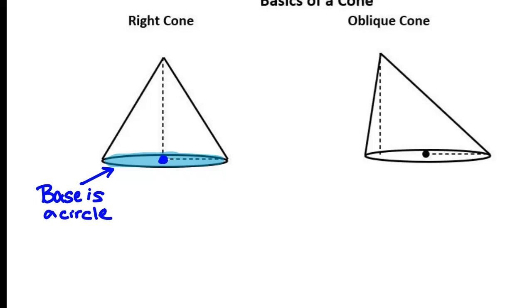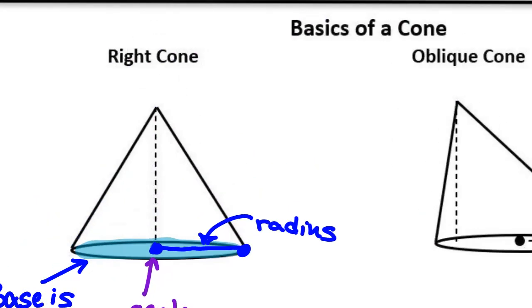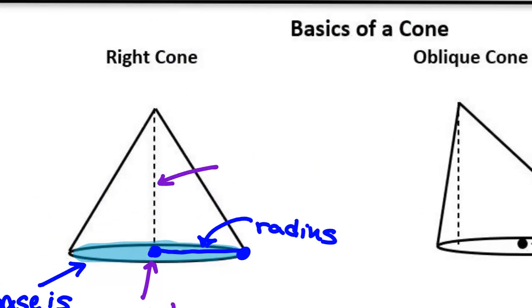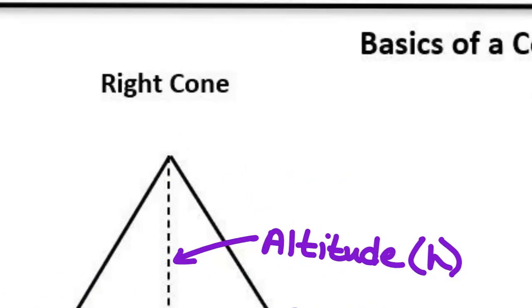From the center of that base out to the outer edge, that is my radius. Right here we have the center of the base. And this is my altitude. And in a right cone, that is my height. And up here at the tippy top, we have our vertex.